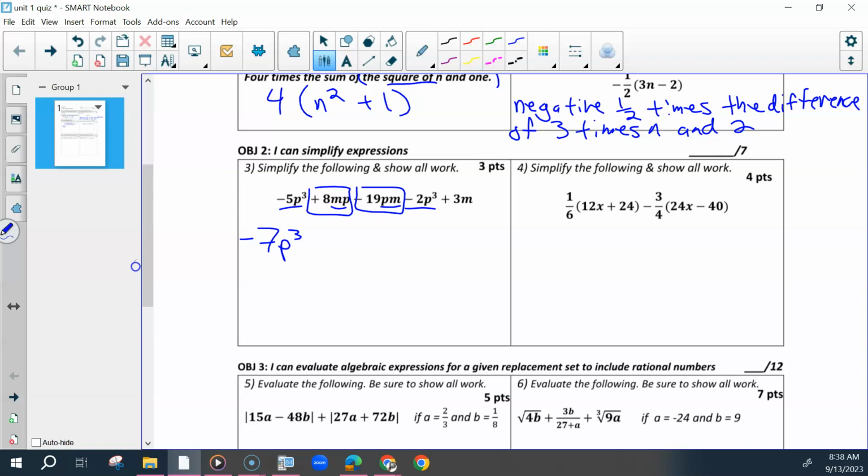So the multiplication here, the order doesn't matter, so we can combine those. And then whether you put NP, PM doesn't matter. And then bringing down that 3 in. Now, the order you put these 3 in does matter, but this order does not matter. So combining for P cubes, combining your NP or PM, and then leaving the M by itself. Those are 3 cubes. Questions on that one?